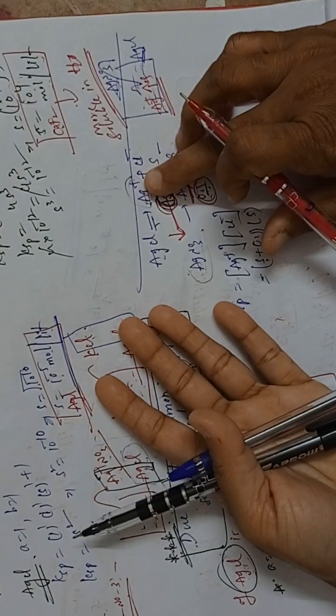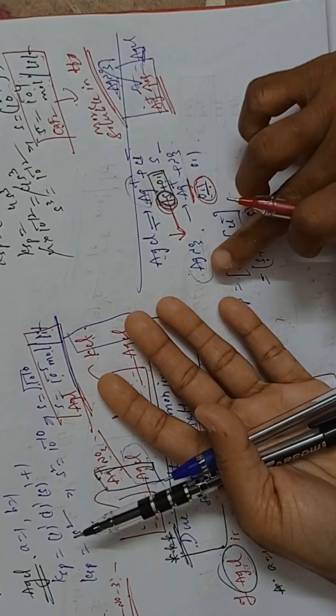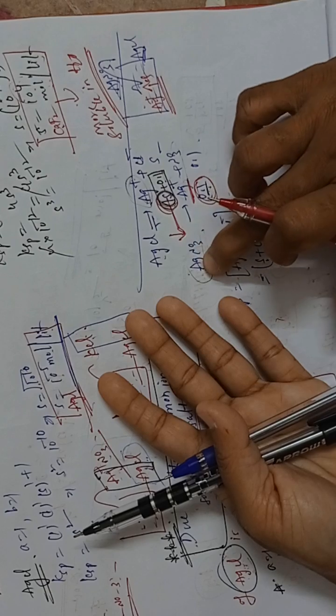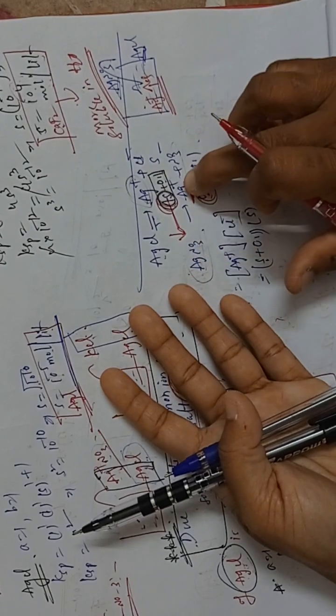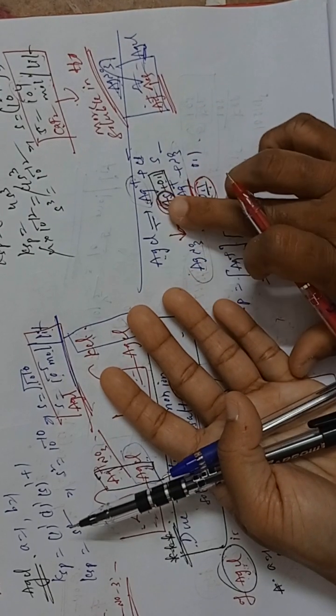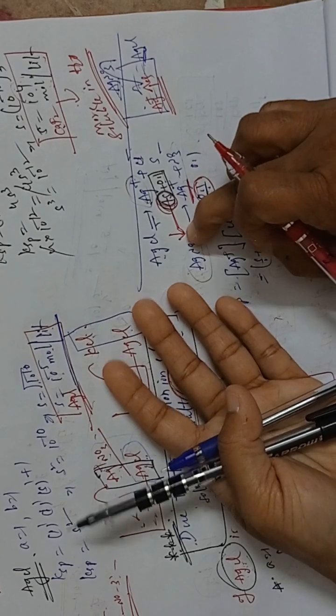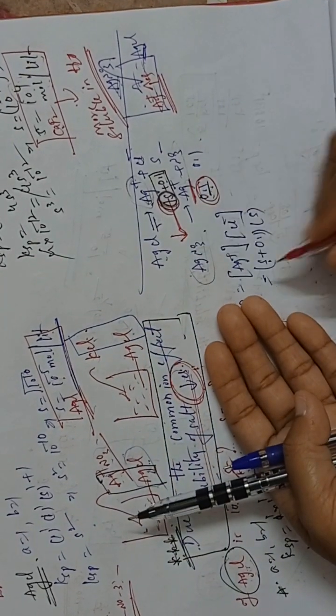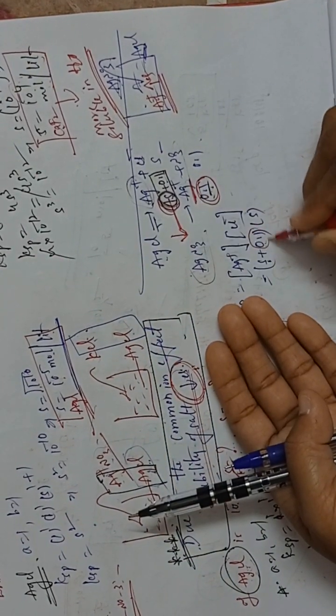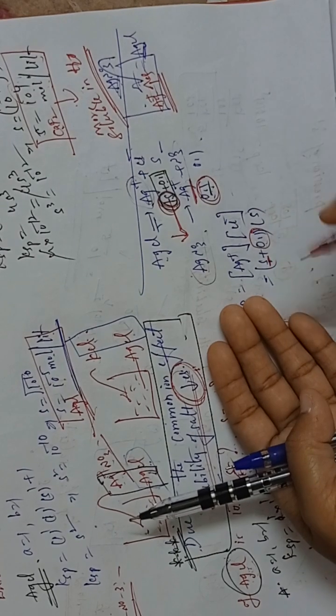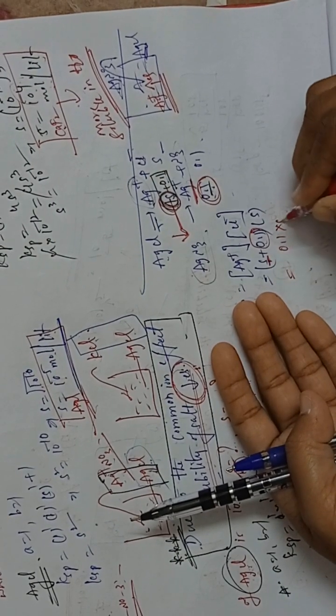Very few Ag plus ions will be there in the solution. But the Ag plus ions obtained from the strong electrolyte are more. That's why I am taking this solubility as very less. It is negligible when compared with 0.1. So I am neglecting it, then 0.1 into S.